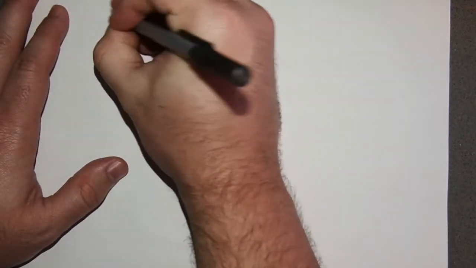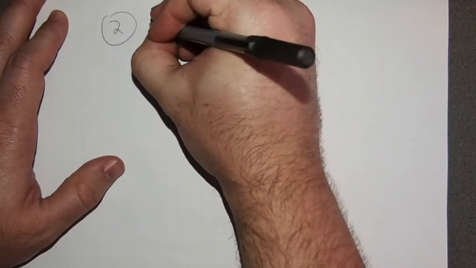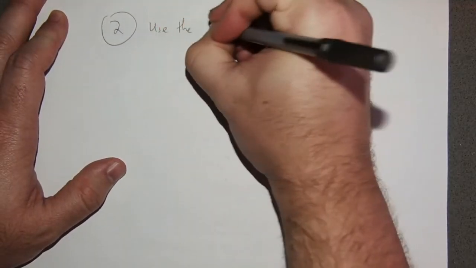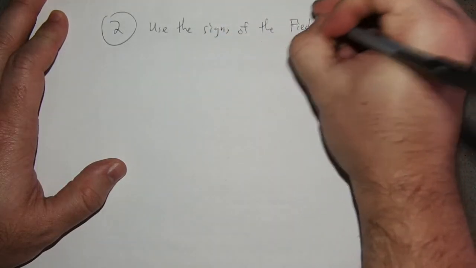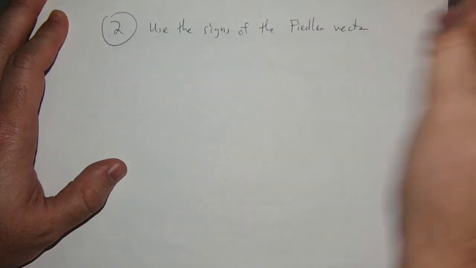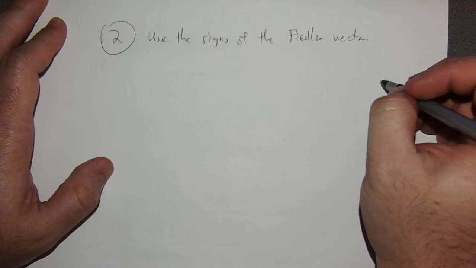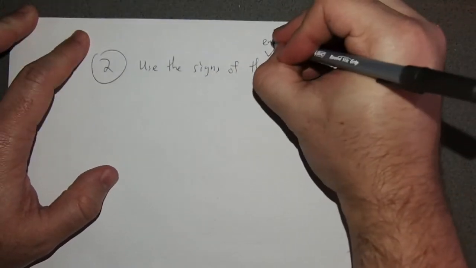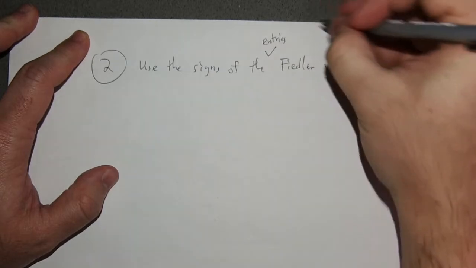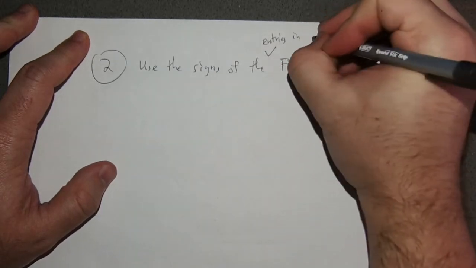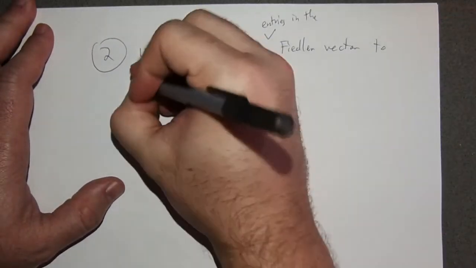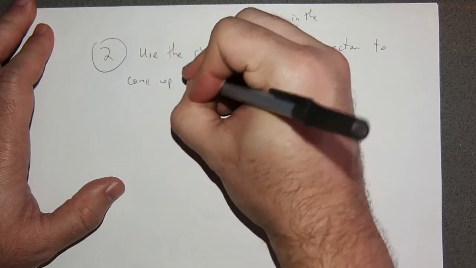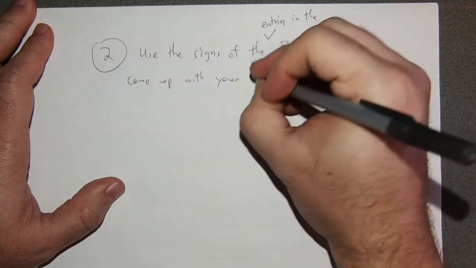So part 2 in the Fiedler method: use the signs of the entries in the Fiedler vector to come up with your desired partition.